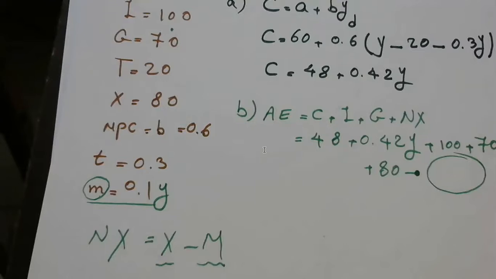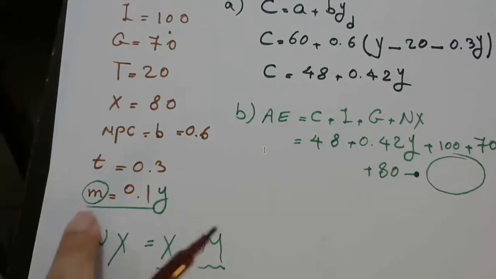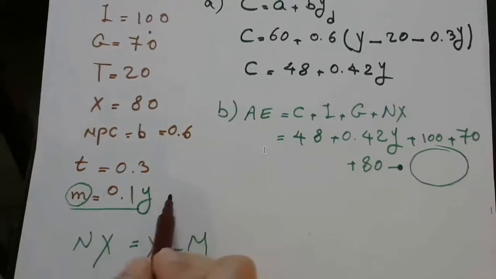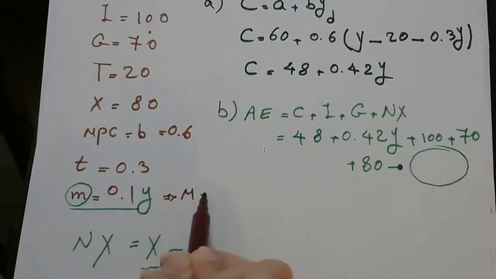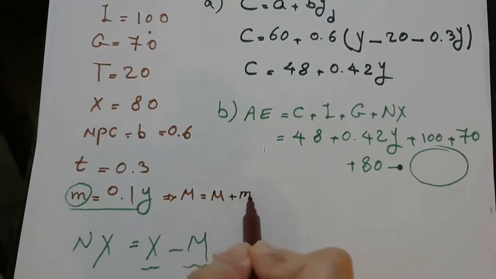But some products are luxury products that a country will import if it is rich. So the amount of import, like many other factors, depends on the autonomous import and the induced import.